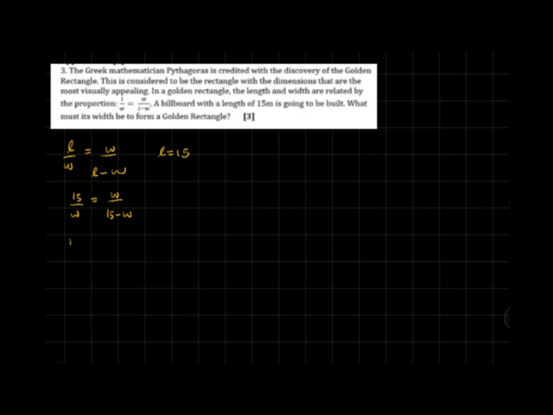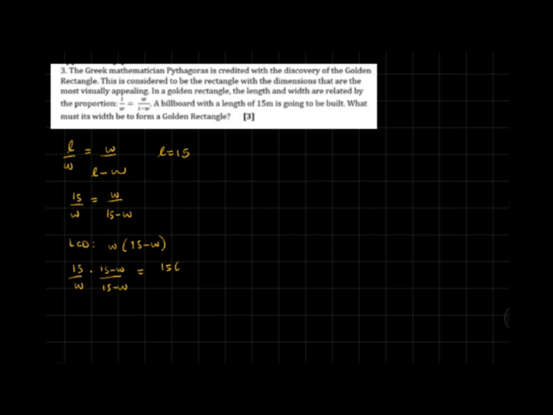To find the lowest common denominator, we can quickly figure that out by just multiplying the two denominators together. So we have W times 15 minus W. In this case, I'm going to multiply 15 over W by 15 minus W for the numerator and denominator.